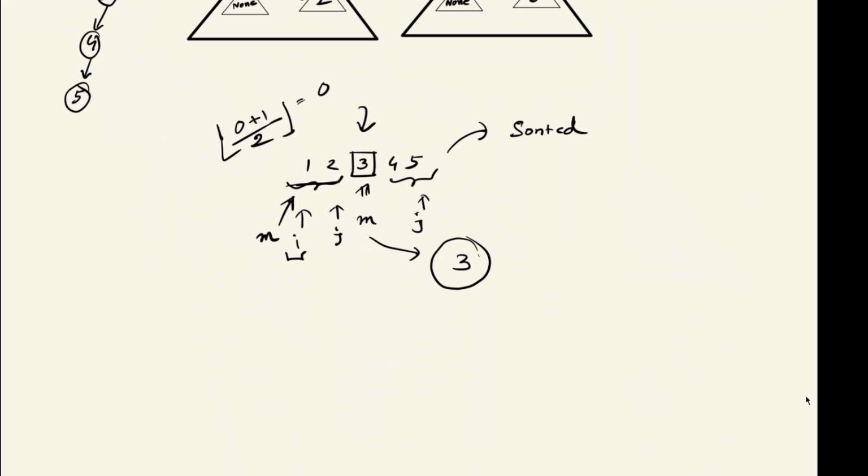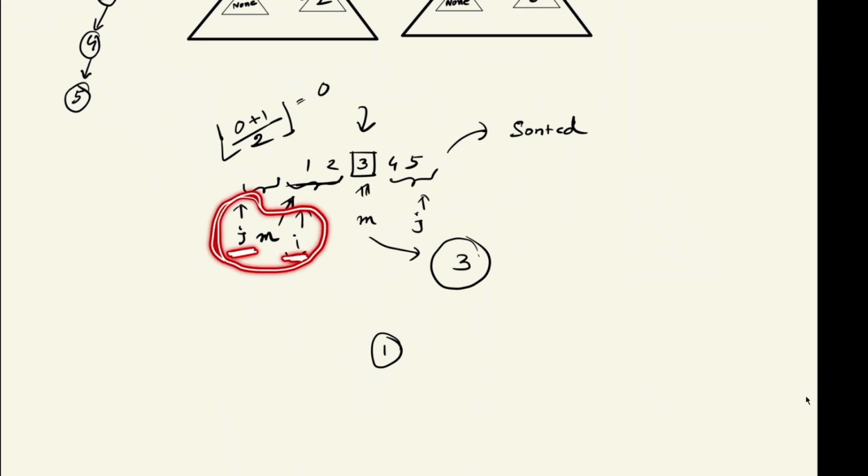Now we will generate another root node for this subtree, and we'll simply do the same thing for the left part of this tree. So we'll move this j to this part, but now you can see j is lesser than i, which means j is left of i, and we have no nodes here.